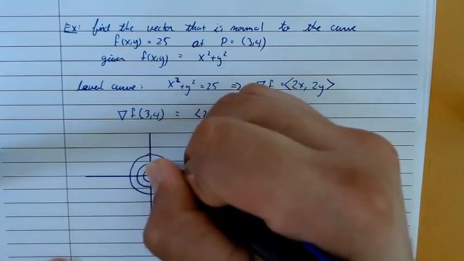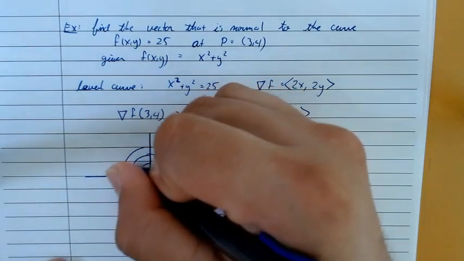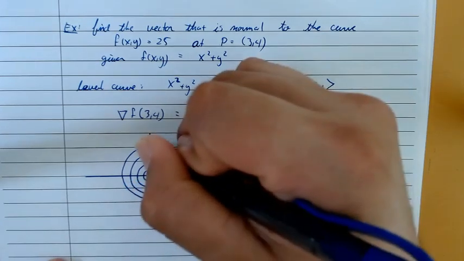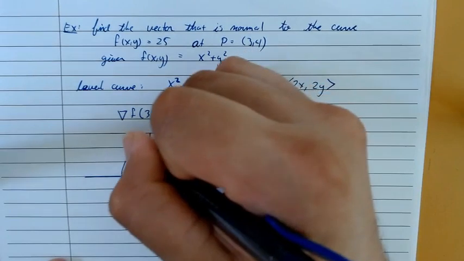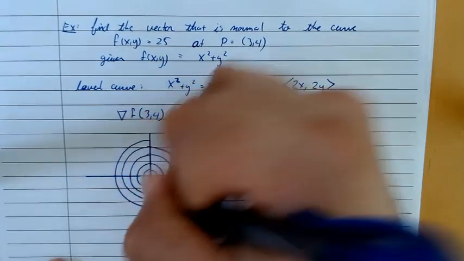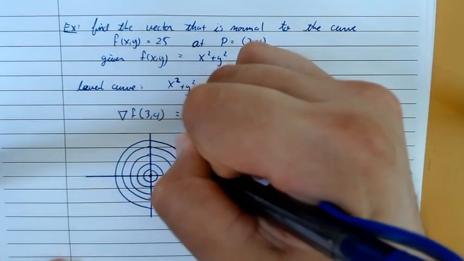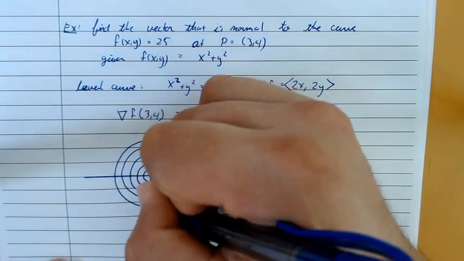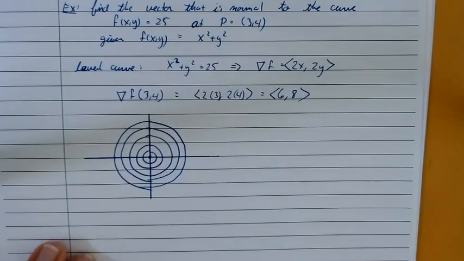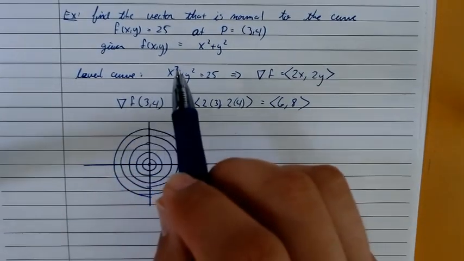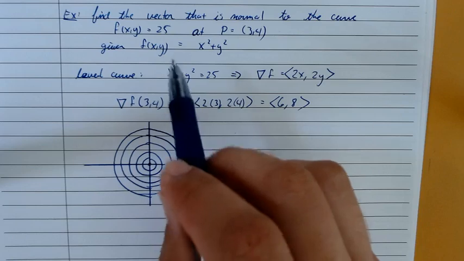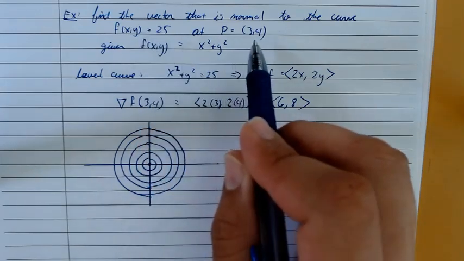So let's see, 1, 2, 3, 4 and 5. Just like that. Okay, so now we want to find the vector that's normal to the level curve at 3, 4.